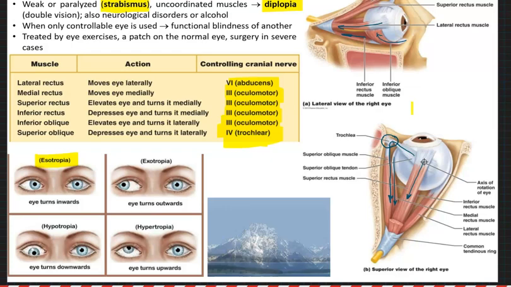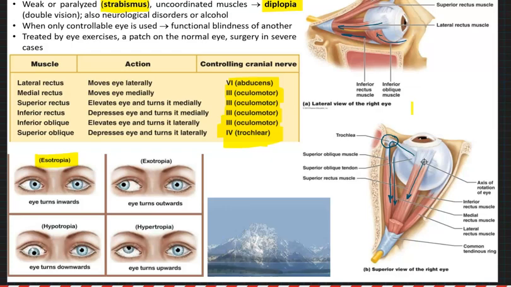However, what if the muscle is weak? Okay? Understood? What's going to happen then? You can put a patch on the healthy eye so that the eye whose muscles are weak can train. What if the muscle is too long?